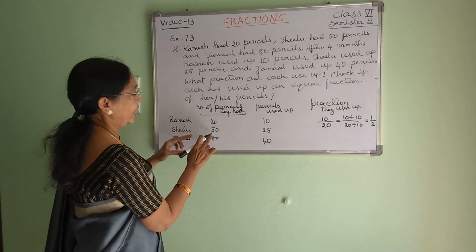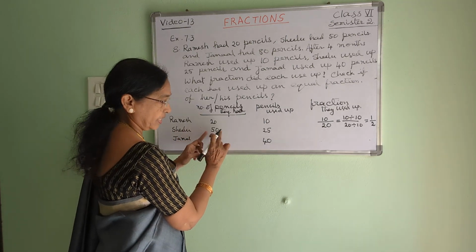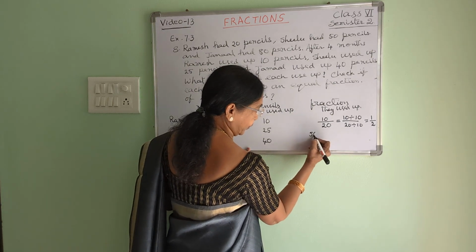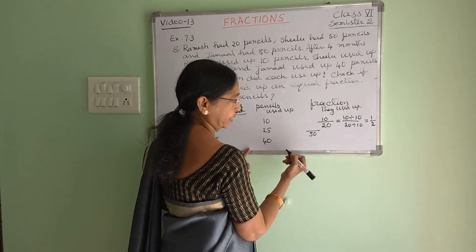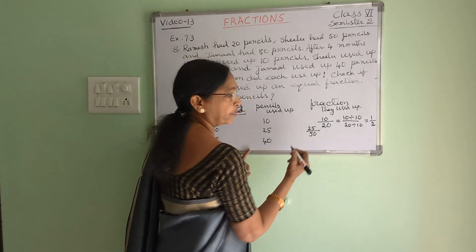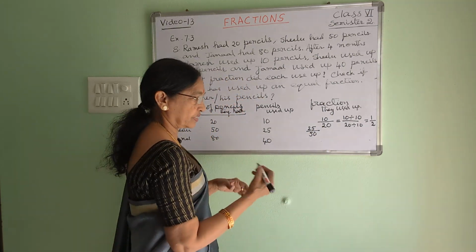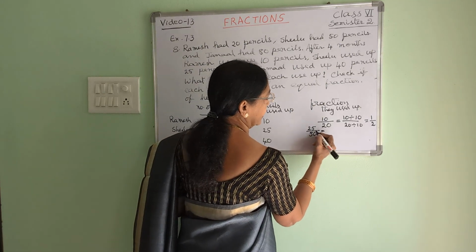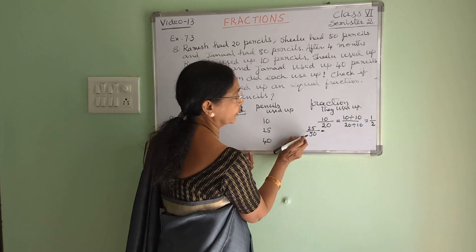Similarly, Sheelu had 50 pencils at the first and used up 25. Therefore, the fraction is 50, total number of pencils, in the bottom below the horizontal line, and number of pencils used, the fraction to be found out, written on the top. Therefore, 25 by 50. Both are divisible by 25.